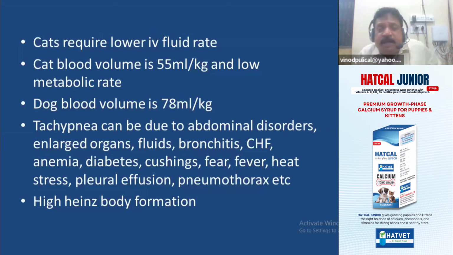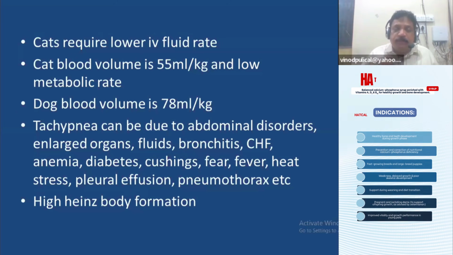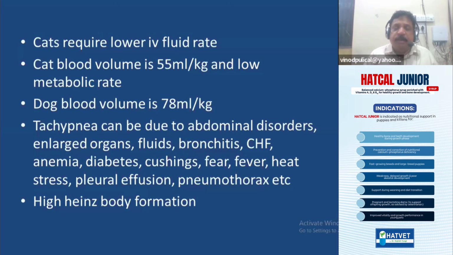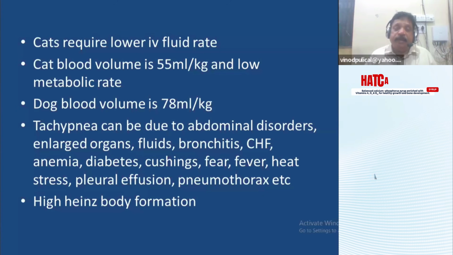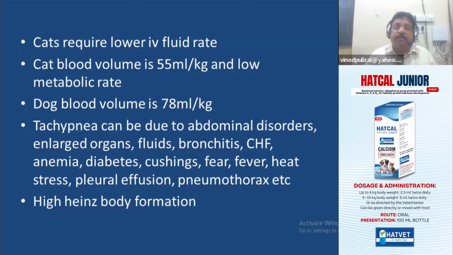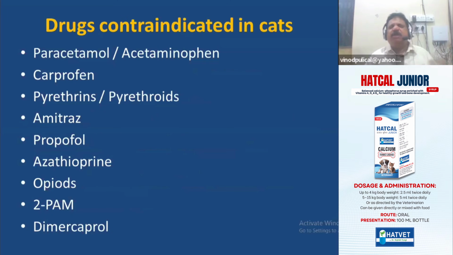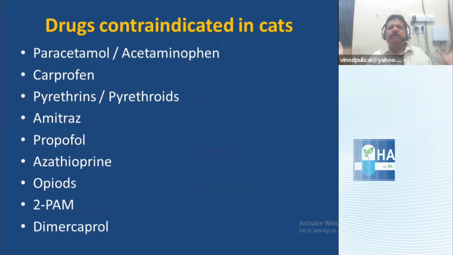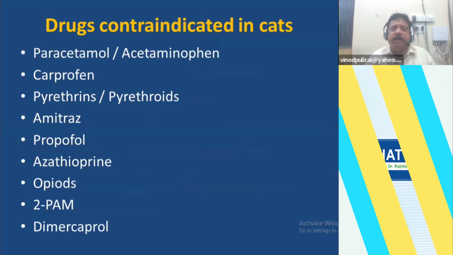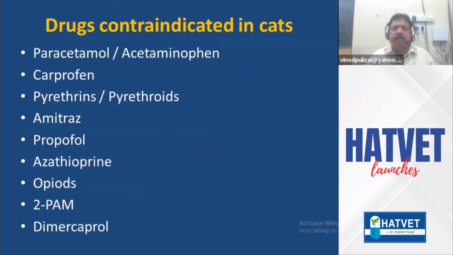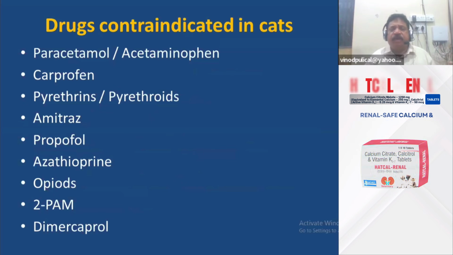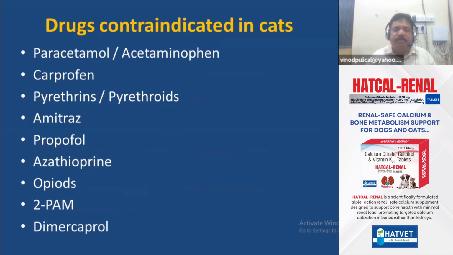So in cats, we have to look for certain things, like high Heinz body formation, especially in acetaminophen poisoning, with Heinz body formation, intravascular hemolysis, and toxicity. A lot of drugs are contraindicated, like paracetamol, acetaminophen, or even acetylsalicylic acid derivatives, carprofen.